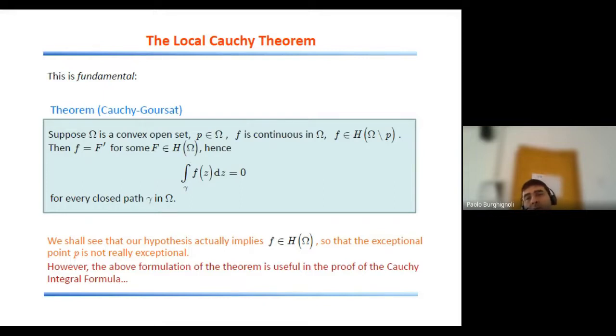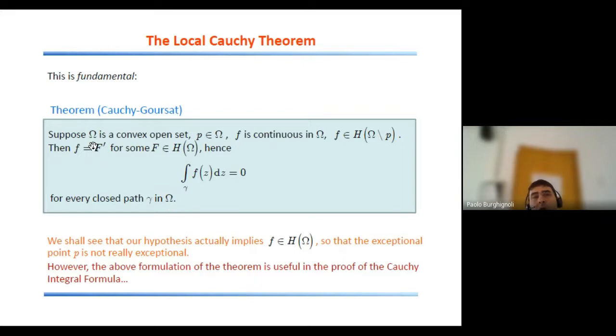The Cauchy Theorem, as the name says, was first formulated by Cauchy. However, Cauchy assumed too many hypotheses. In particular, he assumed that the function f was analytic, whereas Goursat, another French mathematician at the end of the 19th century, was able to relax some of those assumptions.